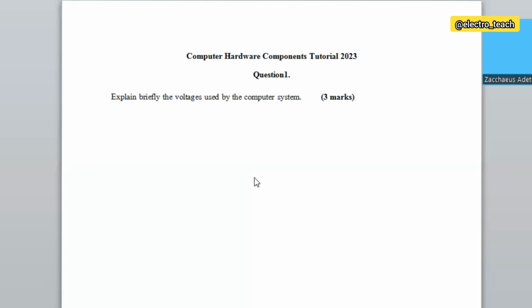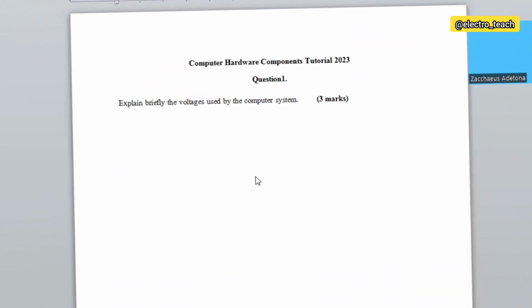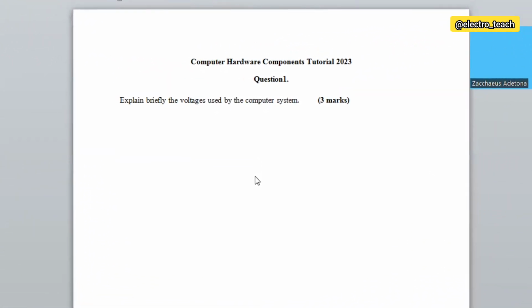So we have 3 levels of voltages made use of in the personal computer, and these are what we are told to explain about their functions.